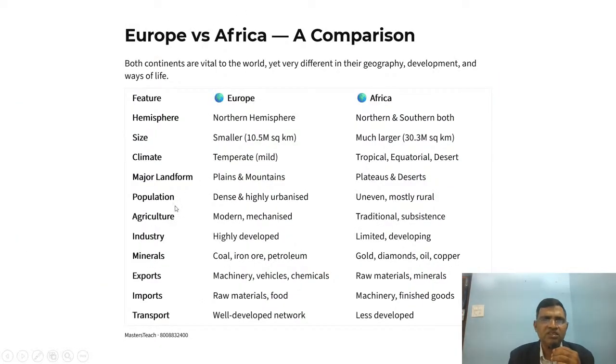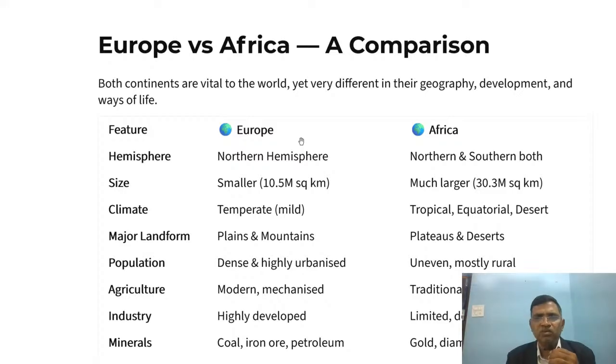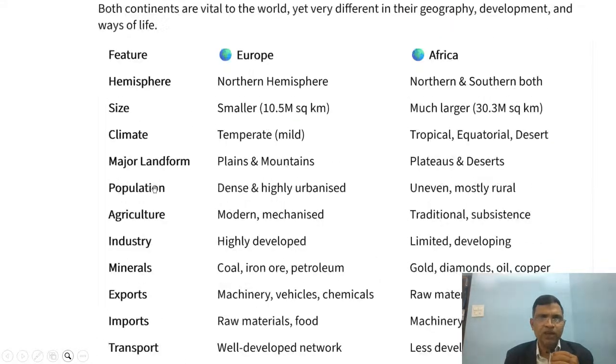Then let us discuss the difference between Europe and Africa. Both continents are very important for the world, but they have different geography and developed in different ways. Europe is in the northern hemisphere, whereas Africa is in both the northern and southern hemispheres.